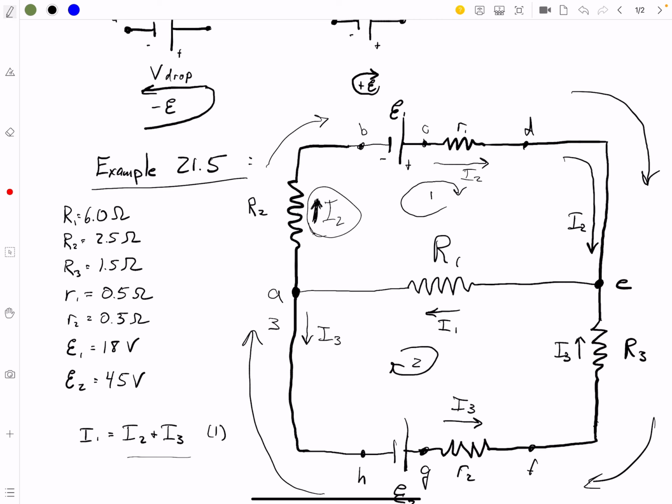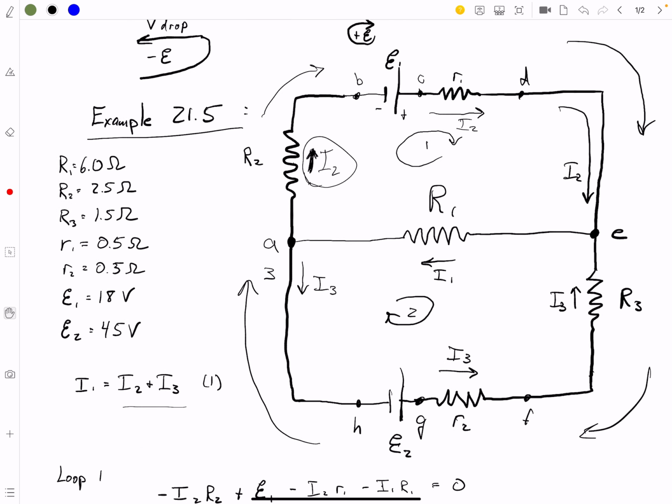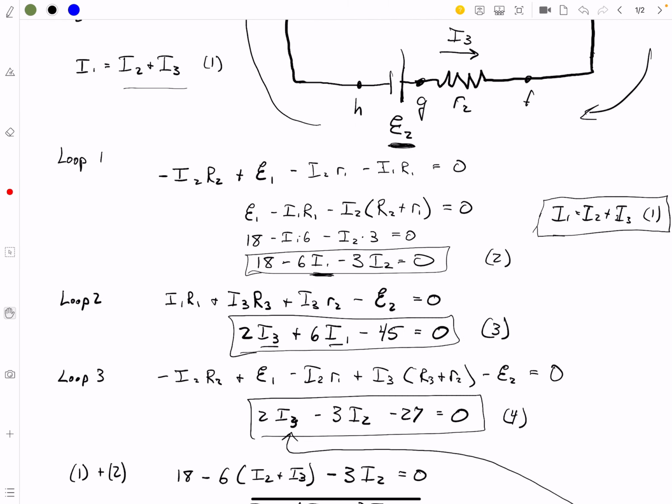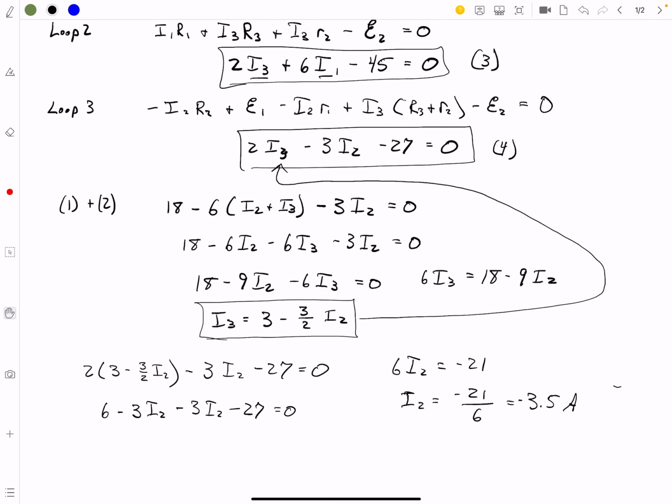And I think it has to do with the fact that this EMF down here, EMF2, is so much bigger than EMF1 up here that it's altering which direction these currents are flowing. So that's okay. We have the answer. We know what we want.